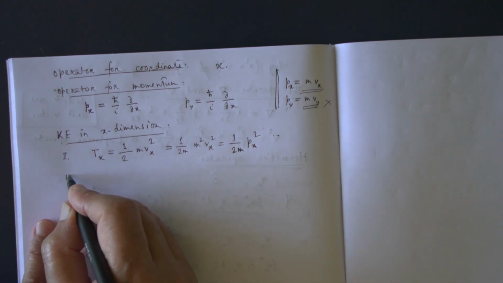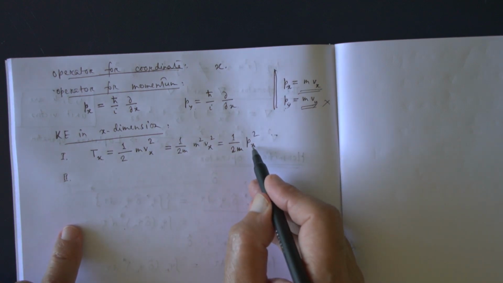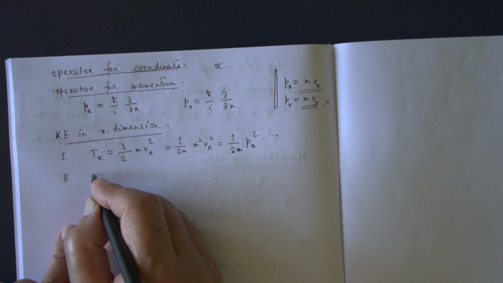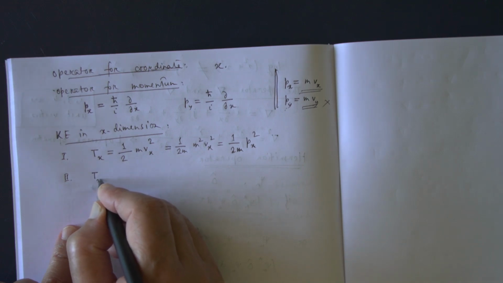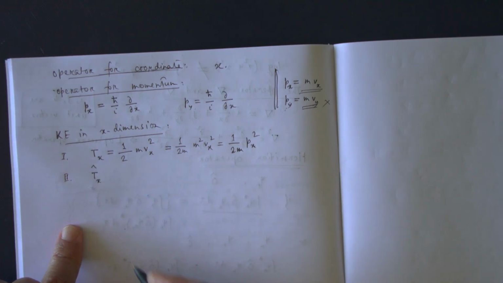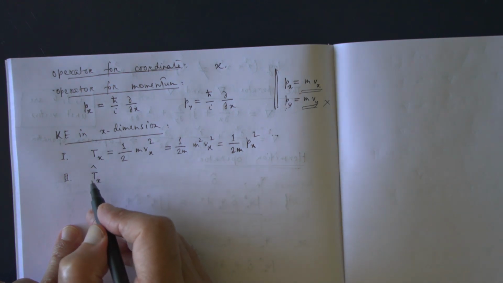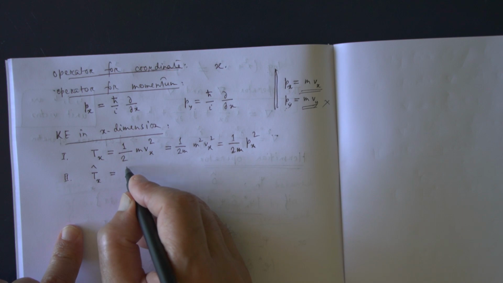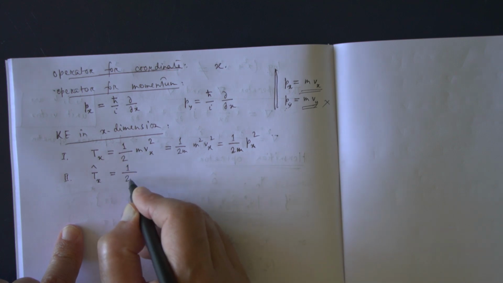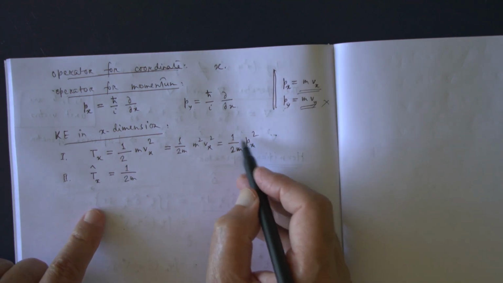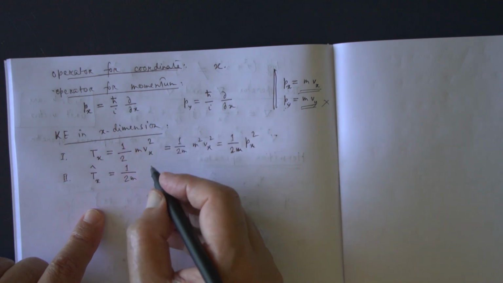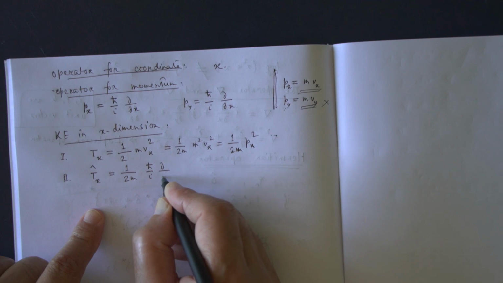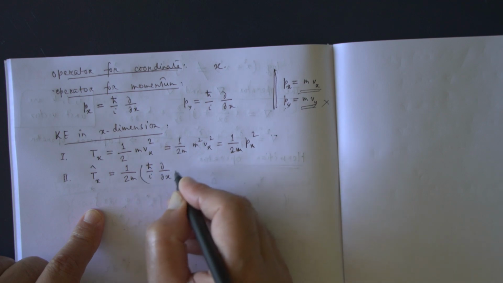So now the second step: we have to replace momentum by the corresponding operator. So now we are writing the operator, so I write T cap. This is equal to 1 by 2m, and what is px? h bar by i del x. So (h bar by i del x) square.